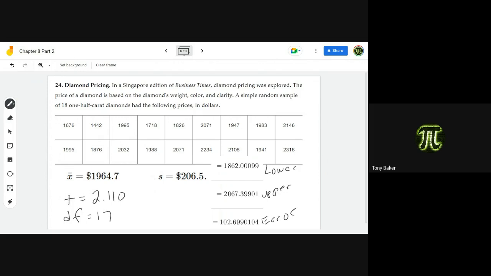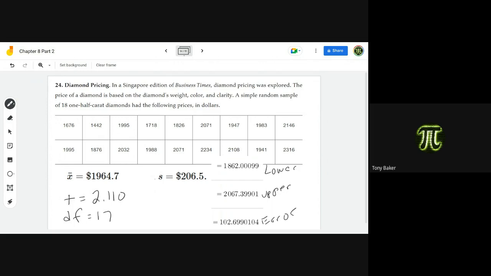So I'm 95% confident that the mean for the average price, yes, what decimal place do you want us to go to? It's one more than whatever the data they gave you is. I just copy and pasted it from Desmos. So it'd be 1862 to 2067.4.